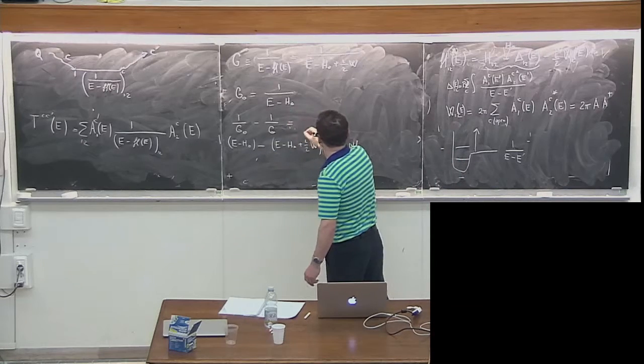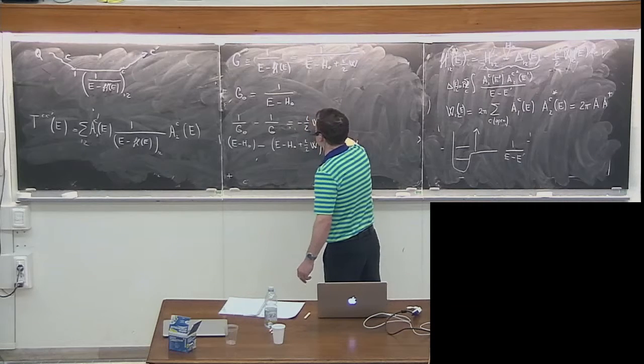So therefore this is by definition minus i over 2 W.